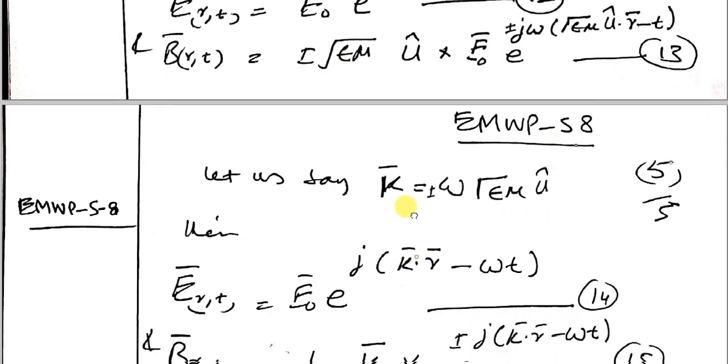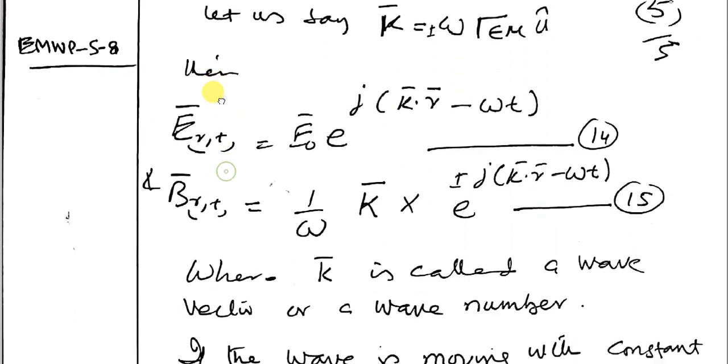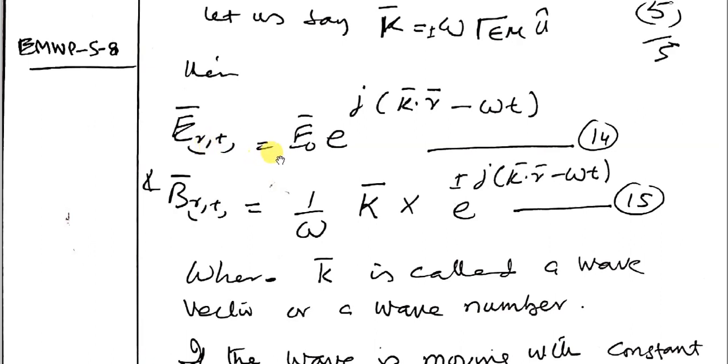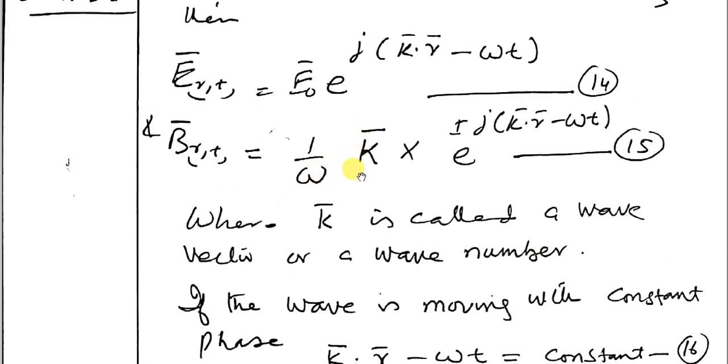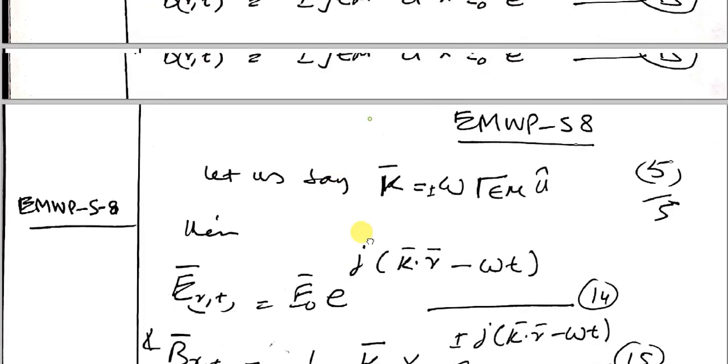some vector. Then the E field vector, with position vector r, will be E naught times e raised to j(k dot r minus omega t). Similarly B will be equal to the total vector k, because here we replaced it.